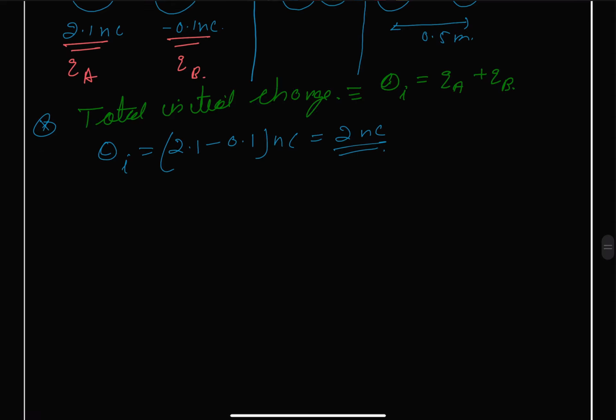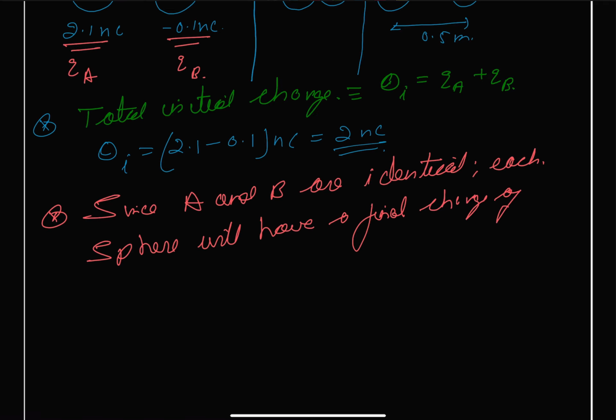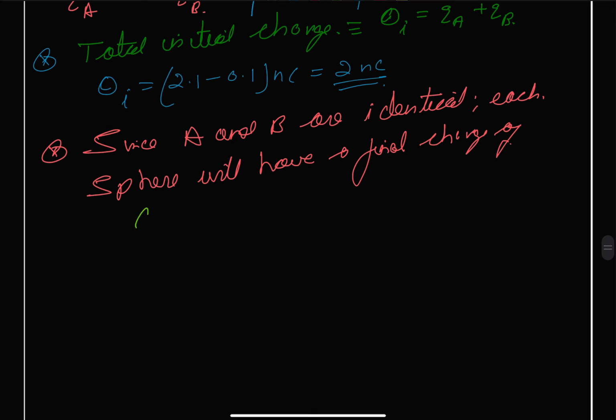So since A and B are identical, each sphere will have a final charge, let us call this as Qf, which will be equal to 2/2 nanocoulomb, which comes as 1 nanocoulomb.